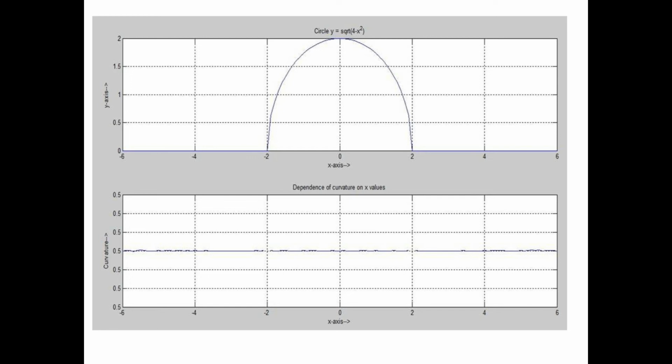You can see that it is a constant whose value is 0.5. That is, for any point on this upper half of the circle, its value is the same. This is not true for just the upper half of the circle, but it is true for the entire circle itself.